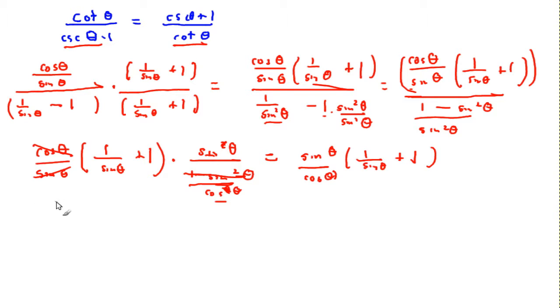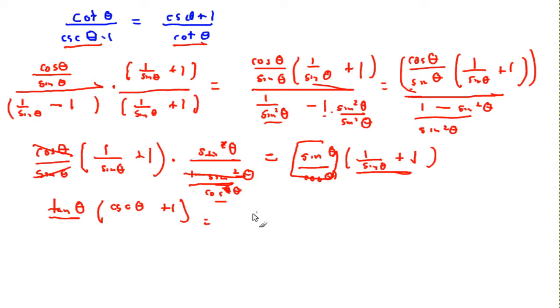So that will give us 1 over, in the brackets, well, let's do this one first. This one is sine over cos, which is tan theta, multiplied by, well, 1 over sine theta is cosecant theta plus 1. And remember, the inverse of tan is cotangent.